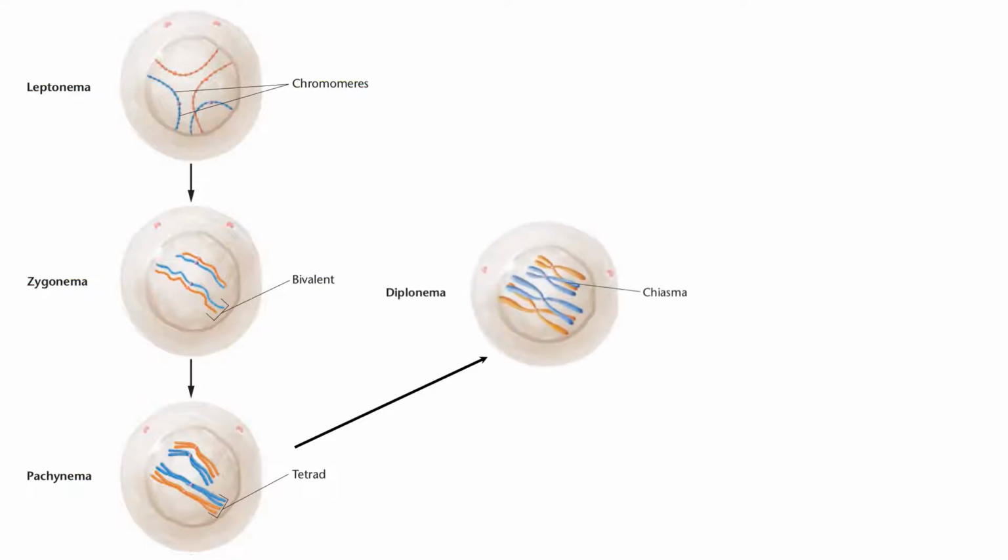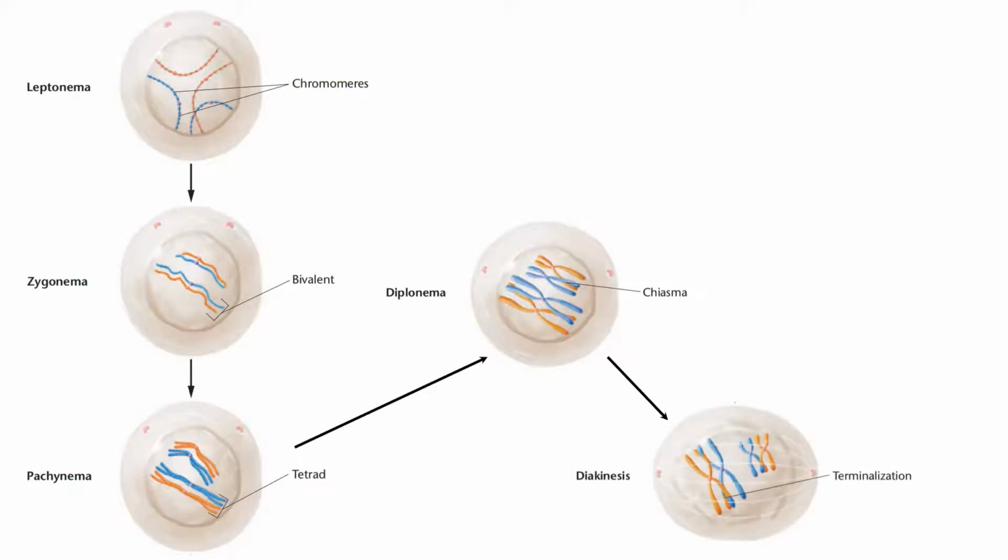And then the tetrads will cross at one or more of their ends, as we see here in diplonema, forming a chiasma. So this is now the chromosomes preparing to undergo a process called synapsis, first with the formation of chiasma, or chiasmata in plural.